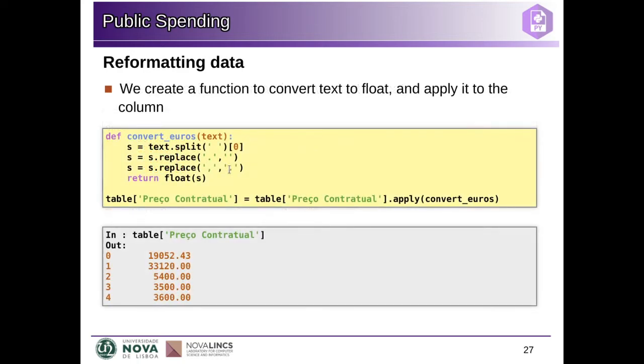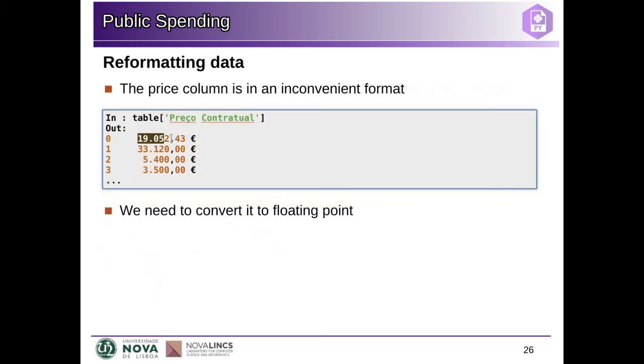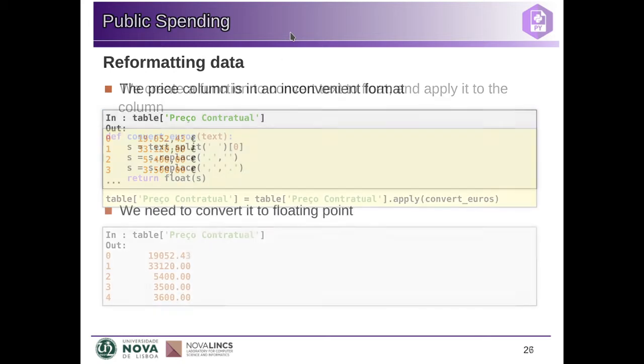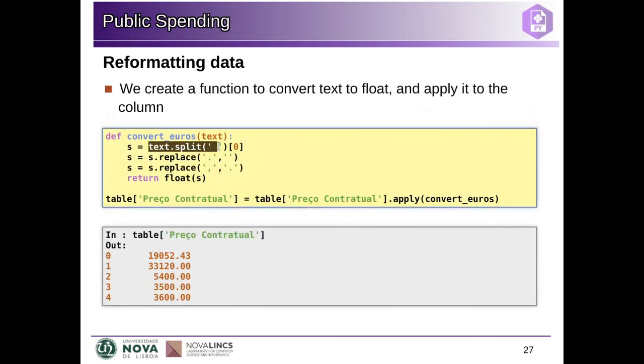You can create a function that will do whatever operation you want done on the cells of a table. So in this case, we want to convert the euros field there. We get as text one of these strings, which is the value in a cell. What we do is we split on the space to get the first part.